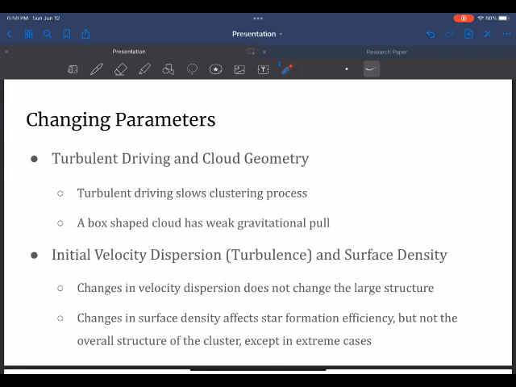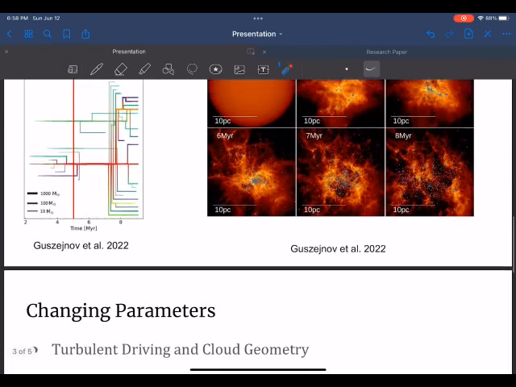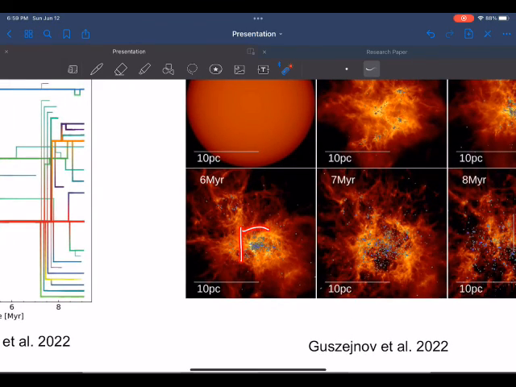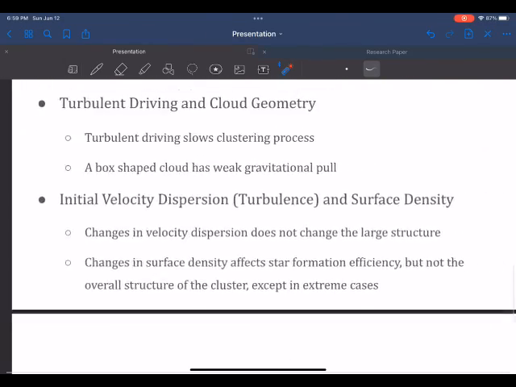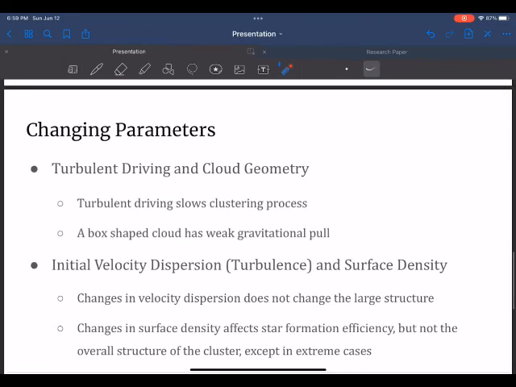They also changed the initial velocity dispersion, or the initial turbulence, and the surface density. Now, the changes in velocity dispersion do not change the large structure. So this structure from 6 million years, this doesn't really change. There's still a dominant cluster in the center. However, the changes in surface density do affect star formation efficiency. What this means is that if surface density is too low, stars fail to form.